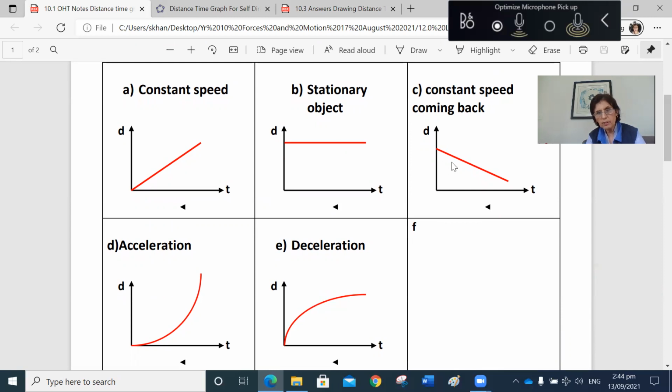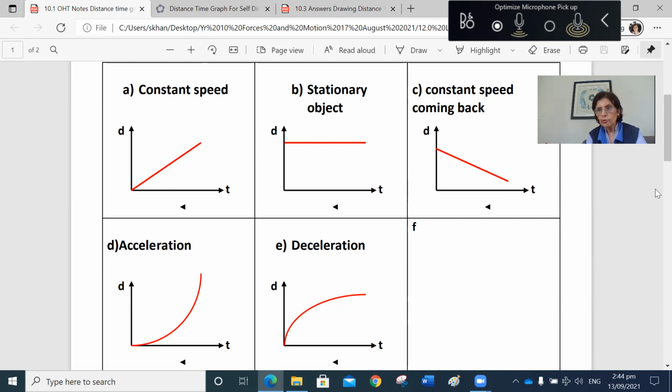We haven't discussed this one, but here slope is constant. So we say it's a constant speed, but because slope is negative, this one is a positive slope, this one is a negative slope. So that means the car was moving at a constant speed, but it was coming back, or it was moving in the opposite direction.